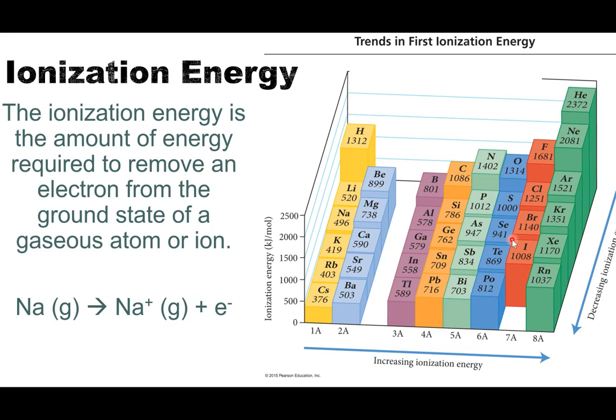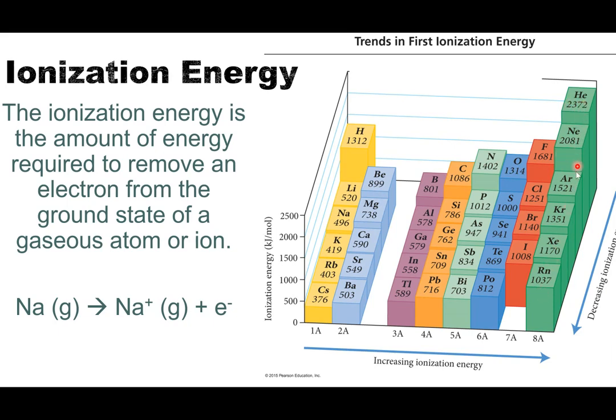Well, it still costs them some energy to give away that electron. So the amount of energy required to remove an electron is ionization energy. Again, we're going to look at 2 trends. We're going to look top to bottom, and we're going to look left to right.